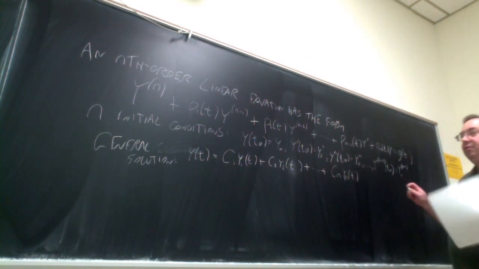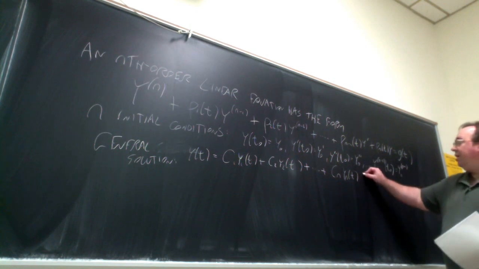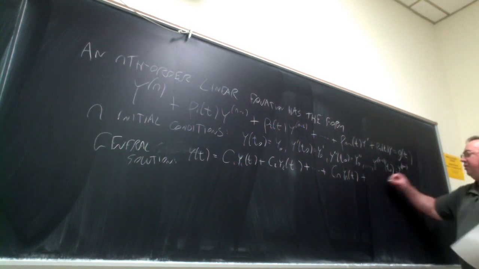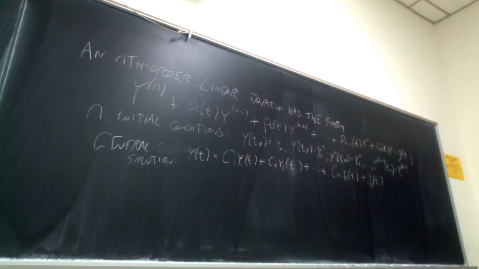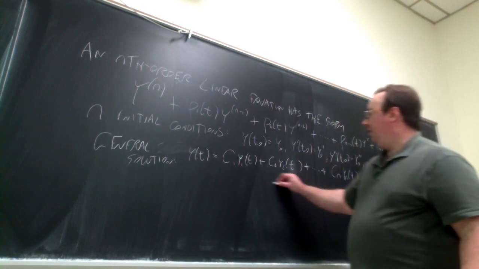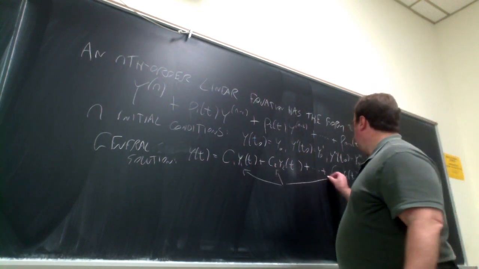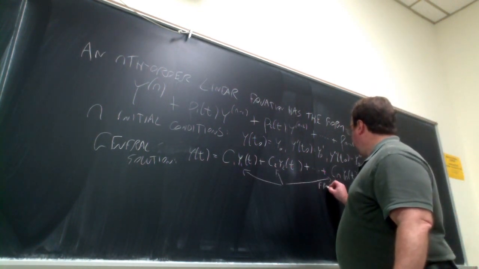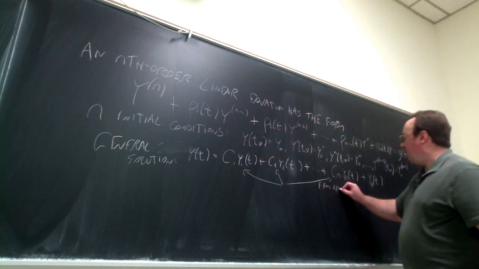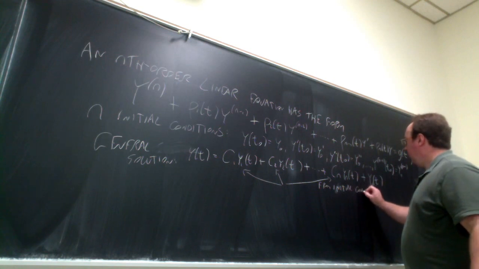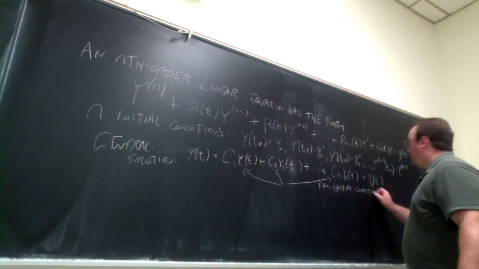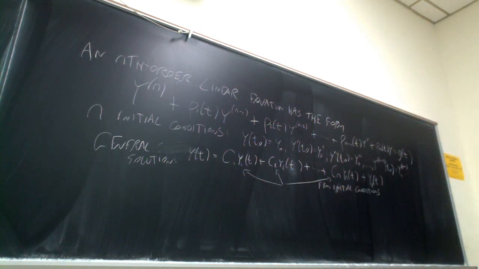That's your general solution of your homogeneous problem. Plus, if it's non-homogeneous, you're also going to have a particular solution. If not, then you can just say this is 0. So all of these constants are, as usual, determined by your initial conditions.